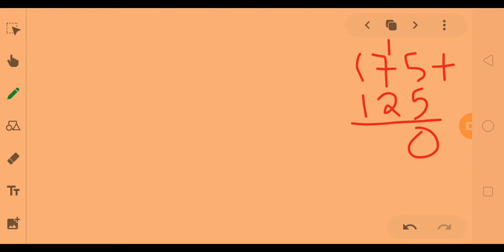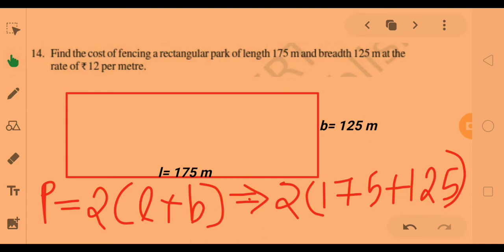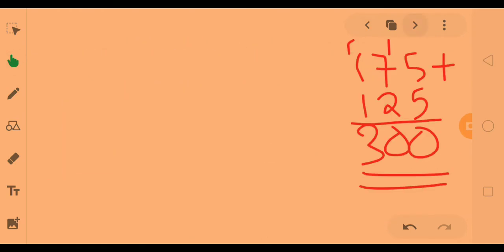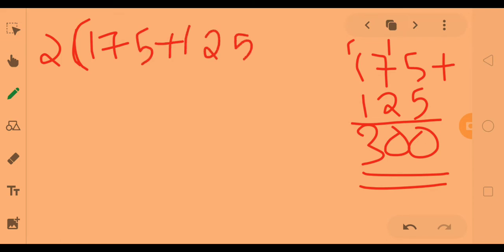0, 1 carry over. Again 7 plus 2, 9. 9 plus 1, 10. 0, 1 carry over. Then 300. So we get 300 when we add the numbers in the bracket. So we write that. Let us write this 2 times 175 plus 125.